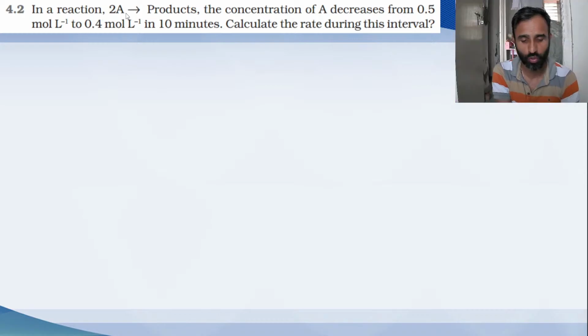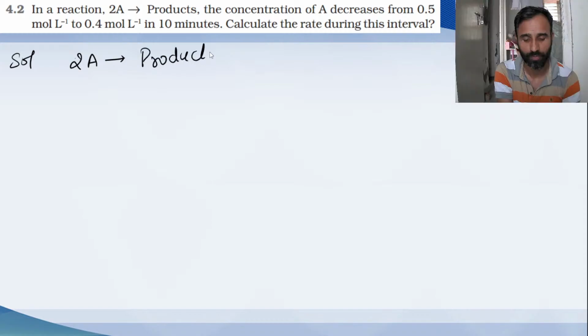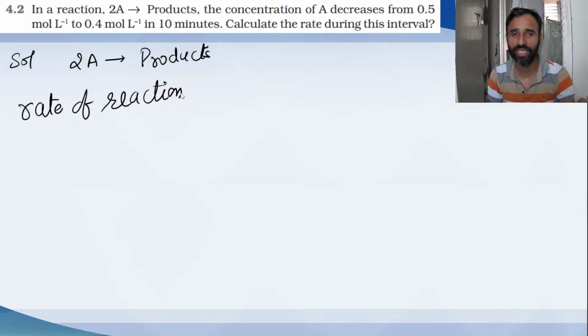Okay, so the reaction is 2A to products, and we have to calculate the rate during this interval. So obviously it is the average rate of reaction, because the interval is given as 10 minutes.